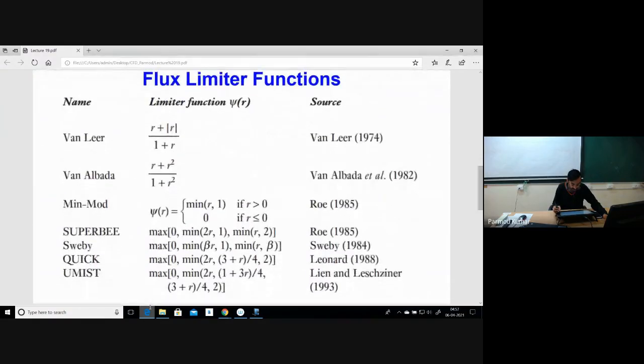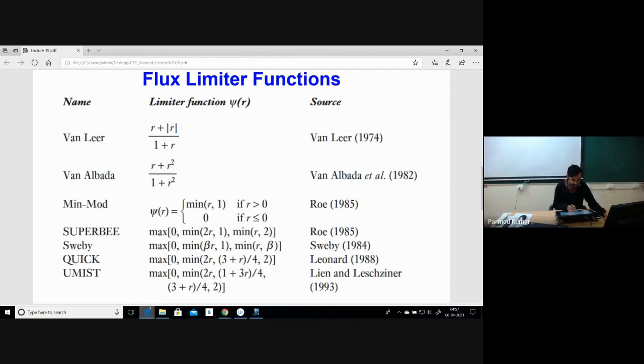You can see over here some of the popular flux limiter functions are Van Leer and Van Albada. These are the names under which these schemes are available, and this is the source from where these schemes are taken. You can see different values for limiter functions.